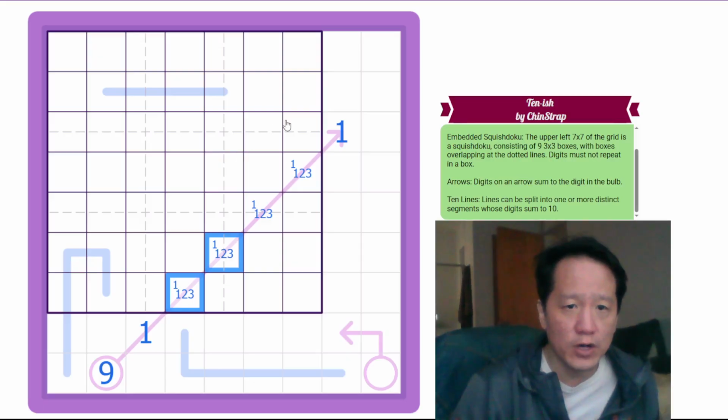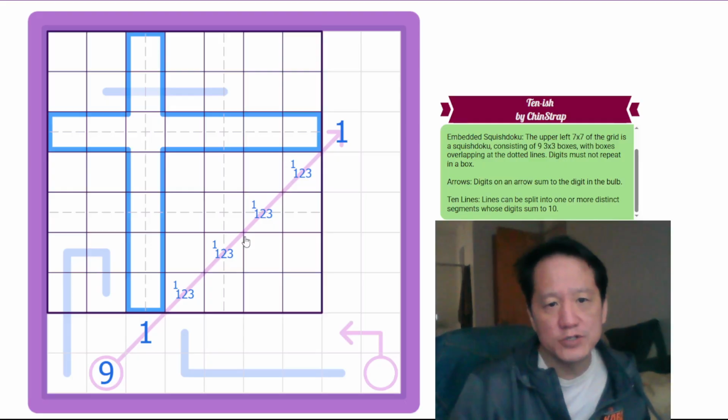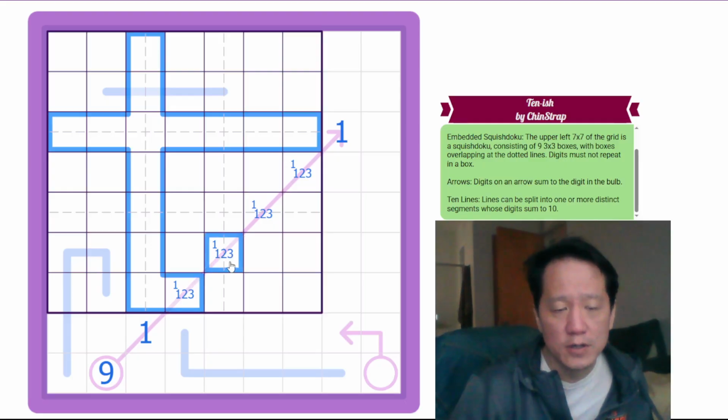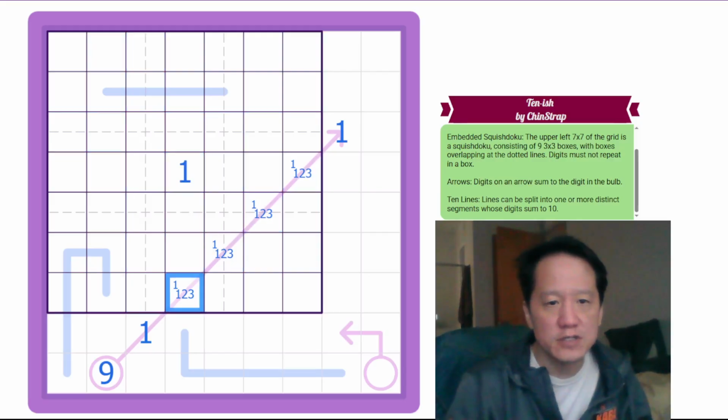Well, the problem with that is 1 can't be here in row 3. 1 can't be in column 3 either. We are guaranteed a 1 in both box 8 and box 9, which eliminates 1 in the rest of those boxes. So this can't be 1, which forces a 1 to be here, which means this can't be 1.